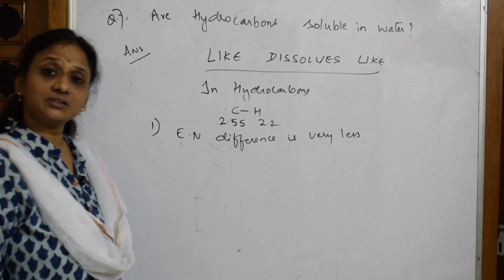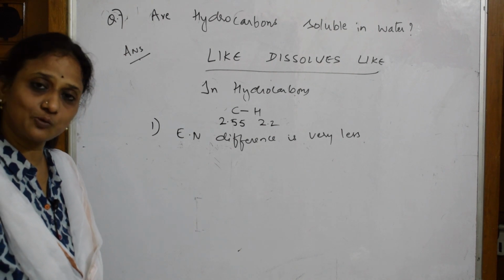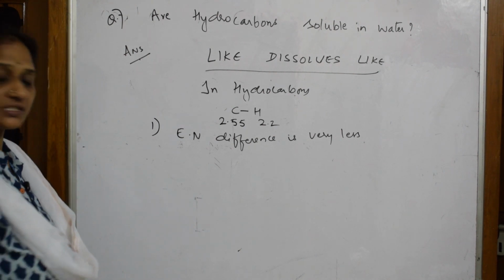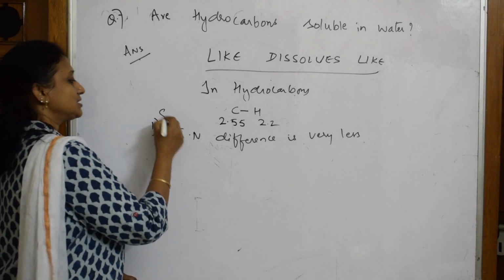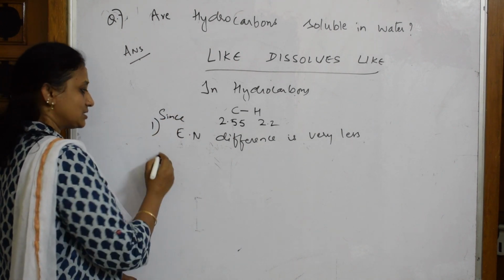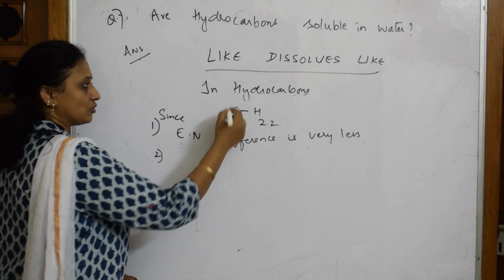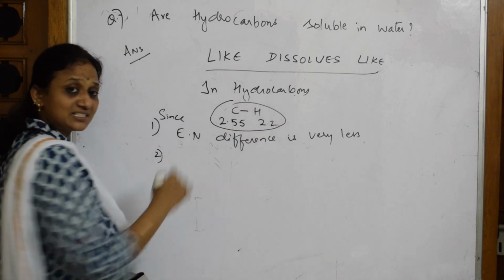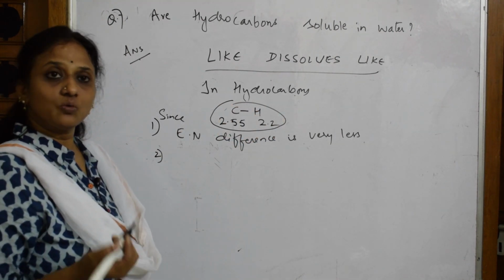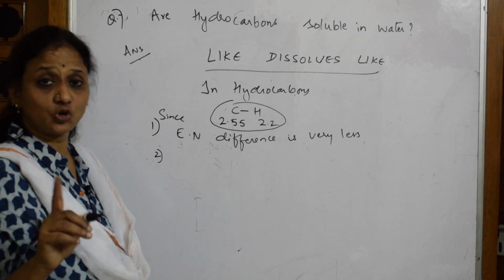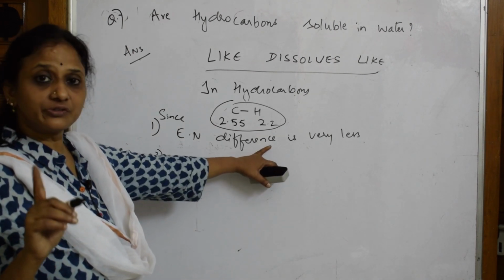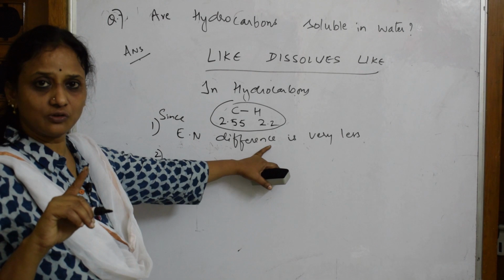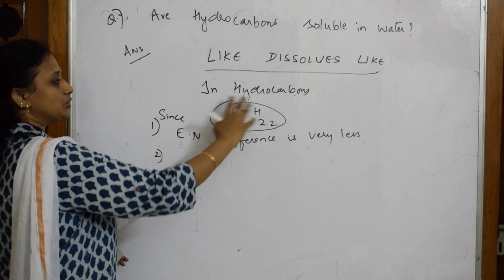When the electronegativity difference is very less, does it exist as poles, positive and negative? No. So since the electronegativity difference is very less, the hydrocarbon molecule, whatever it is, exists as non-polar. If it has more electronegativity difference, it will exist as a polar molecule, that means two poles, a negative pole and a positive pole.